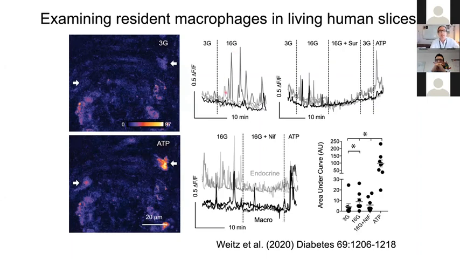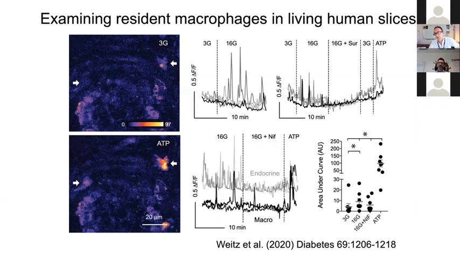You can see that these are responses from the resident macrophages in human slices. They seem to respond to a change in glucose, but it's probably not direct, but mediated by substances coming from beta cells, because if we block beta cell activity with calcium channel blockers, these responses are gone.